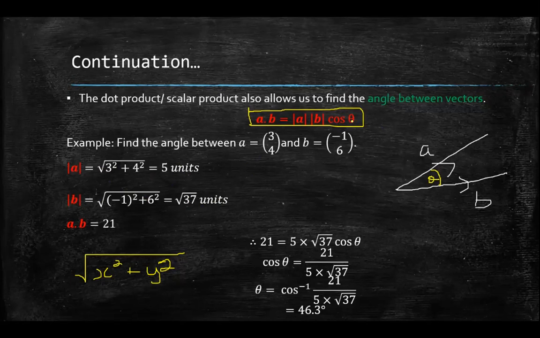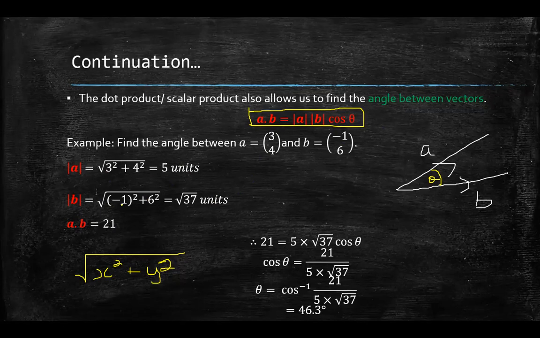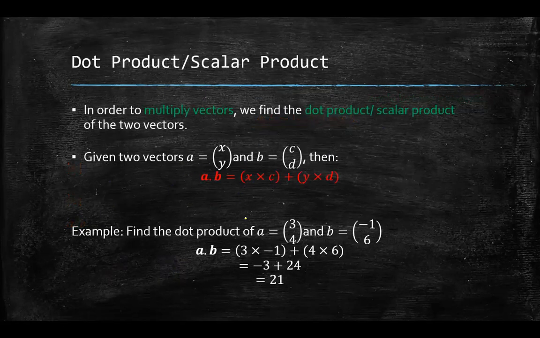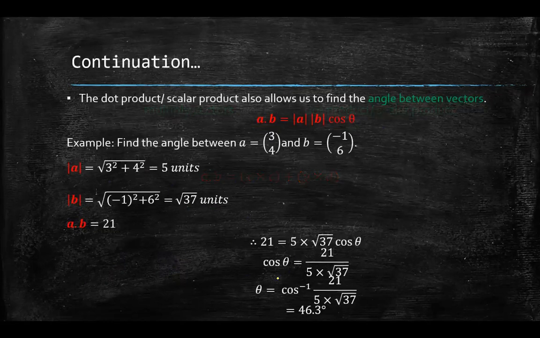But in order to find this angle, I need these magnitudes, and I need the dot product. So the next thing I would find is the dot product, right? A dot B is 21. Just notice that these two vectors are the same vectors from before, right? So that's how I know that the dot product is 21.